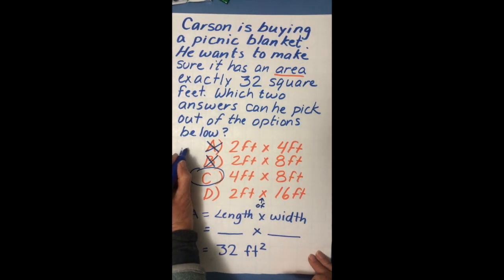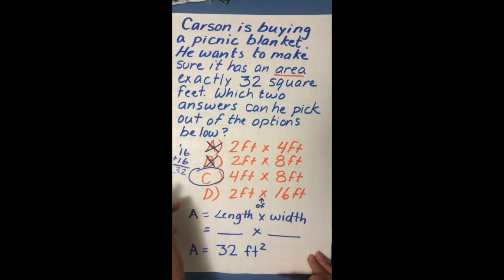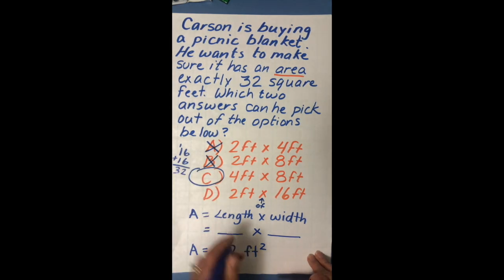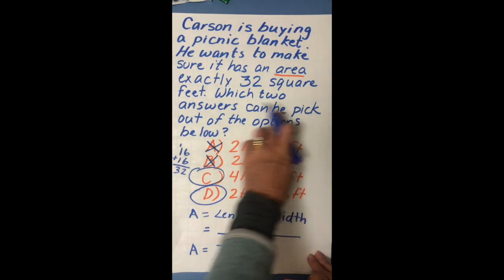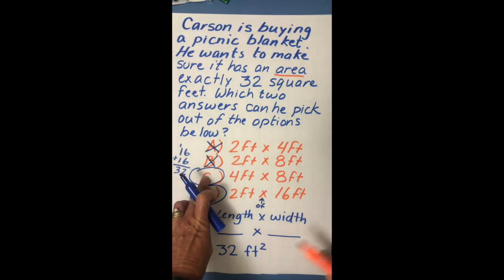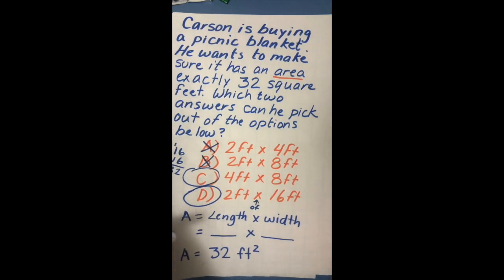So what I'm going to do is just use repeated addition. 16 plus 16. I know 6 plus 6 is 12. I carry 1. I've got 32. Hey, that works. So this one also works. So when it says which 2 answers can you pick out of the options below, I would pick C and D.